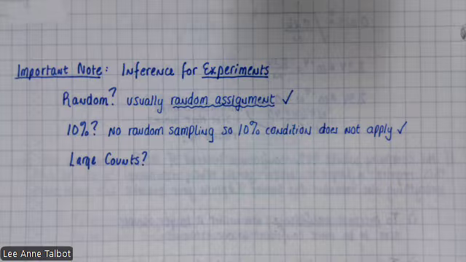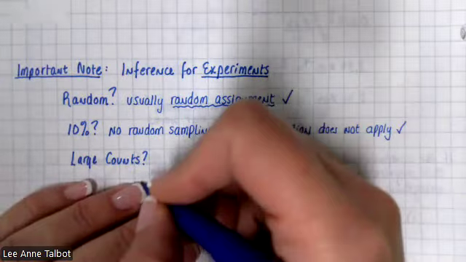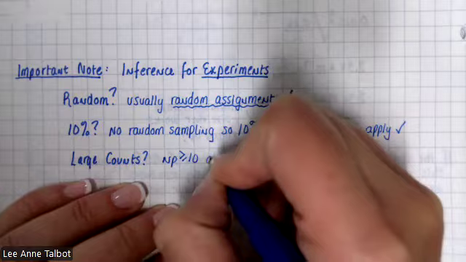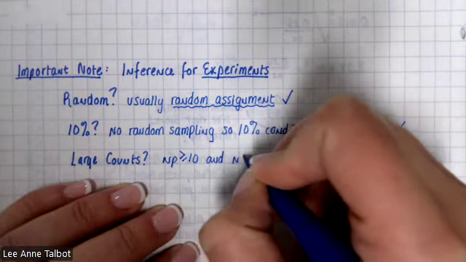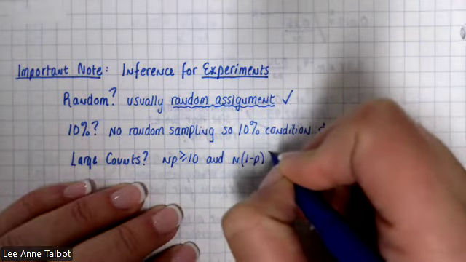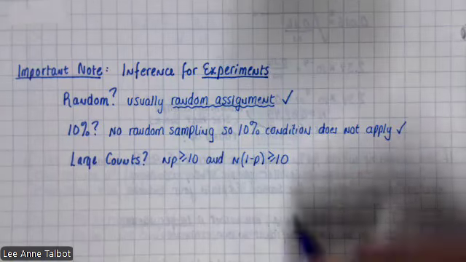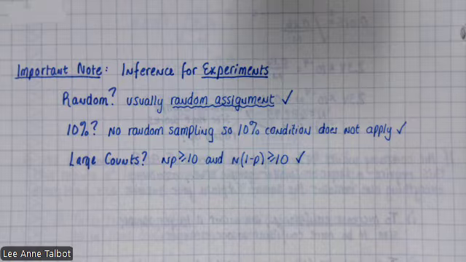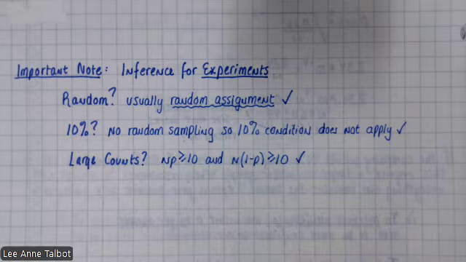Like I want all my stamps. Anyway, okay. And then large counts is its usual self. I really like to find experiments in my problems because that means that I don't have to think about the 10% condition. It's less work still.